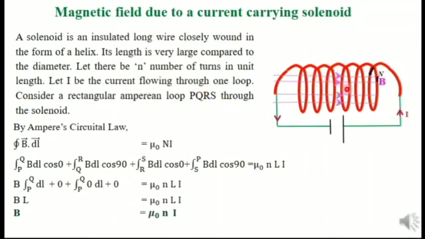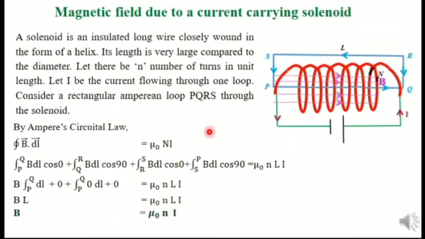In class 10, we studied that the magnetic field lines inside the solenoid are closer compared to the magnetic field lines outside the solenoid. To apply Ampere circuital theorem, consider a rectangular Amperian loop PQRS through the solenoid.